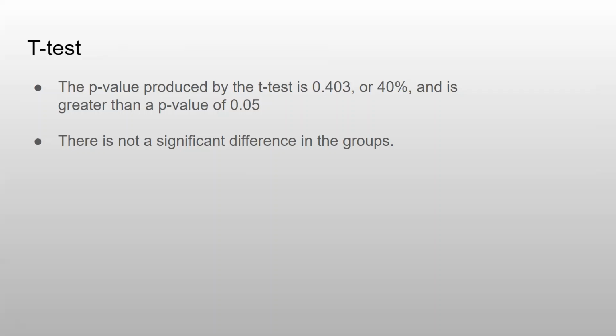The p-value shows that 40% of the time, the difference between the leaves in the shade and the leaves in the sun was as big or bigger than the difference that we observed. This shows that there is not a statistical difference between the values obtained for the leaves in the shade and the leaves in the sun.